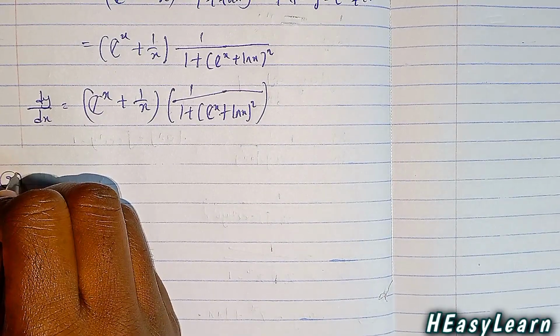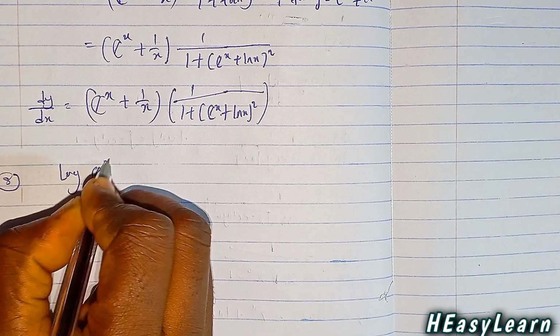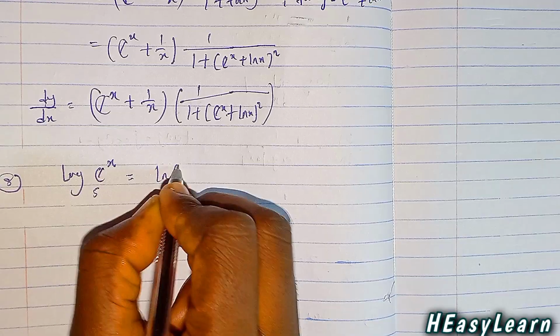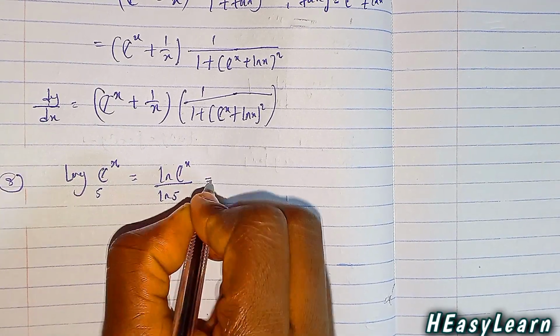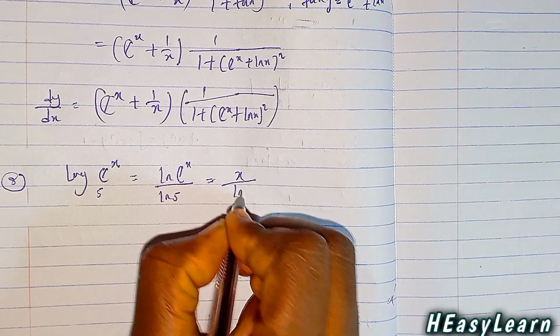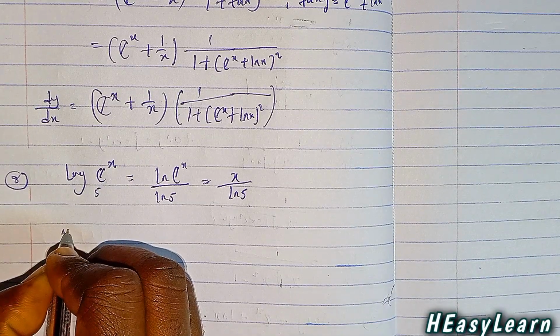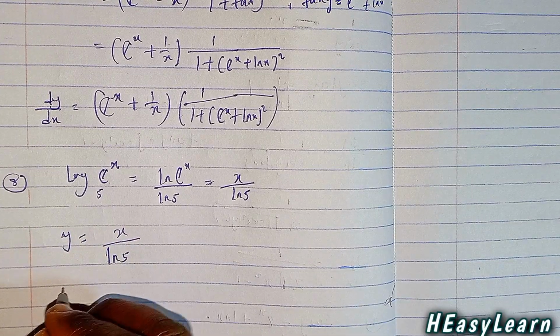What is the derivative of the function log of exponential x to base 5? This is the same thing as ln exponential x divided by ln 5. This is the same thing as x divided by ln 5. So what is going to be the derivative of this function? Let y equal x divided by ln 5.